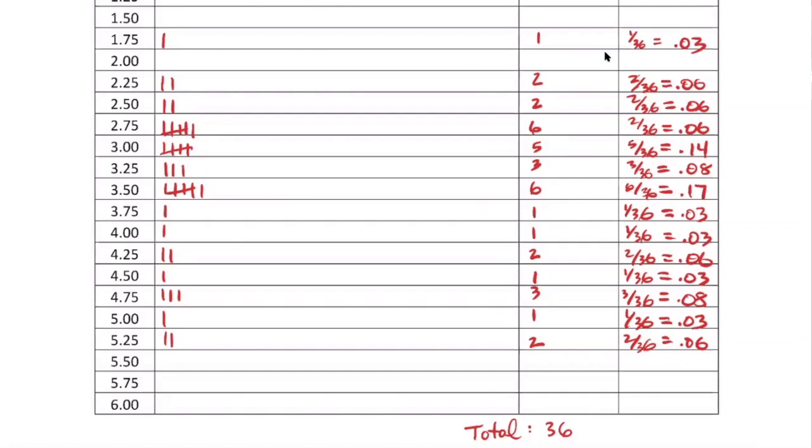For 2.75, it should be 6 out of 36. Thanks, Matthew. It's a little, uh-oh. That's okay. So the 2.75 should be 6. And that's going to be 0.17 again.